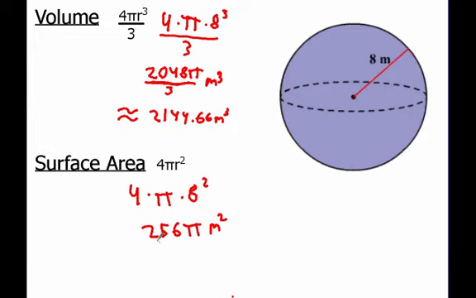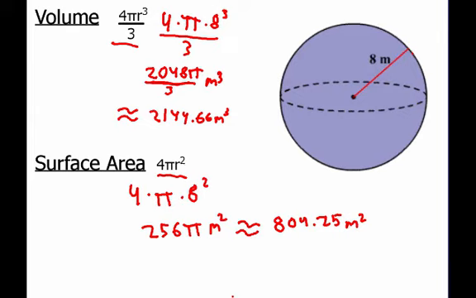All right, so this is our exact unit answer. If we want to approximate that, it approximates to 804.25 meters squared. So here are our two formulas that we need to apply to find the volume and the surface area of a sphere.